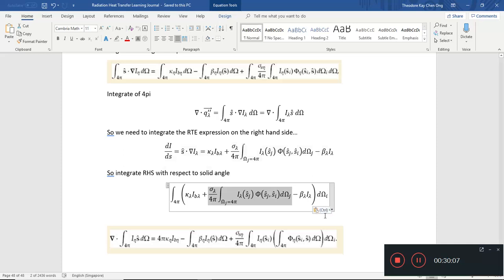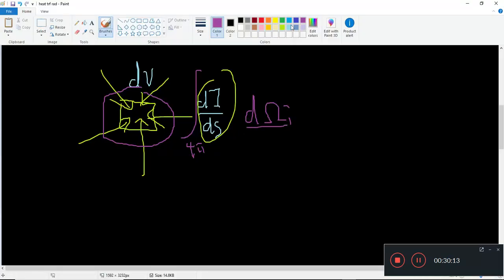So remember we are talking about omega j in comparison to omega I. We have just discussed omega I here. So what is this omega j? Remember for each of these di ds, let's say I highlight this one out using this green color. Let's just take one of these rays. What contributes to this di ds?